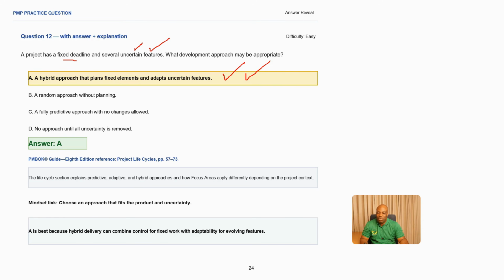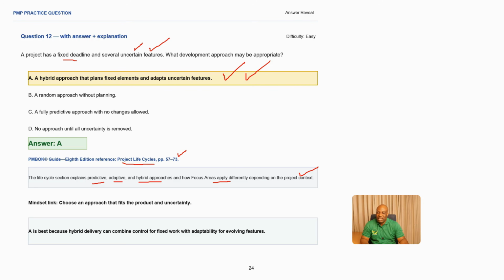Making A the best answer. So what is our reference here? Project life cycle, page 57 up to 73 in the PM book. What does it say? The life cycle section explains predictive, adaptive or agile, and also hybrid, and how focus areas apply differently depending on the project context. So the option to go for agile or to go for predictive also depends on the project context. In this case, hybrid is the best.